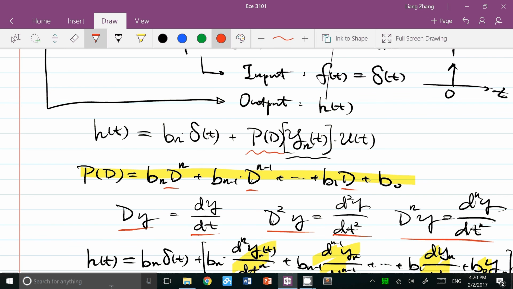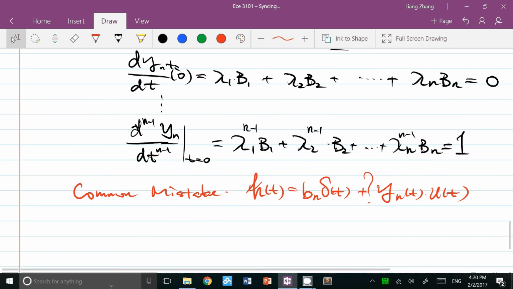So make sure that you have this included in your solution.